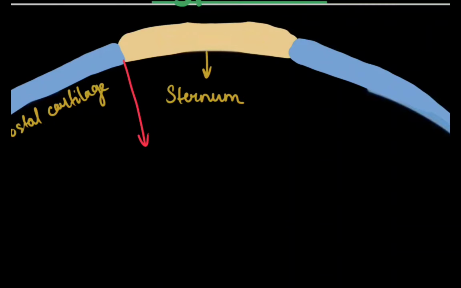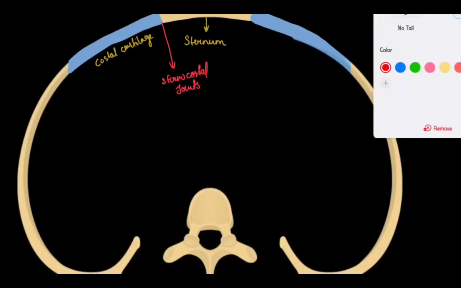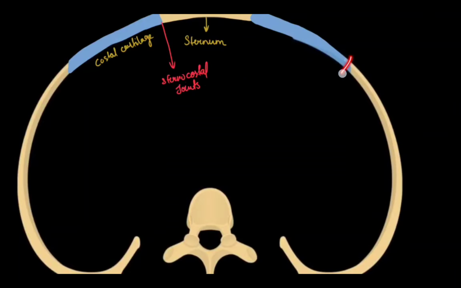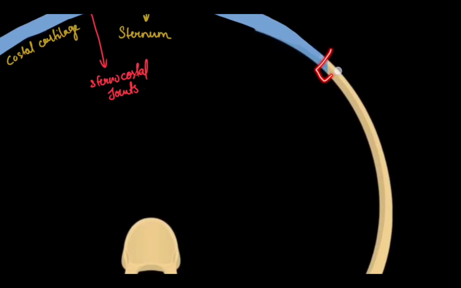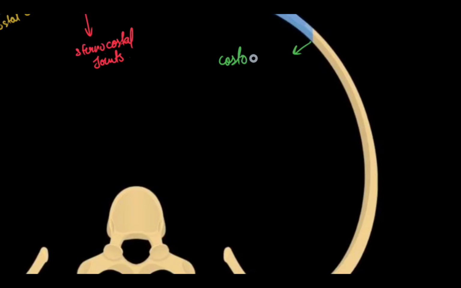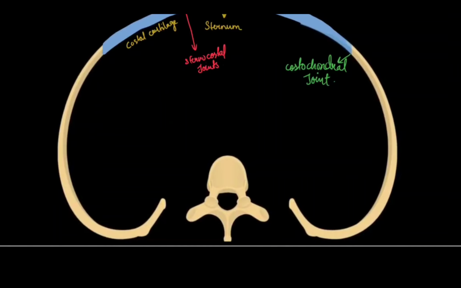So let us write it down, the sternocostal joints. Next up, we have the joint with the ribs and the cartilage. This joint of the ribs and the cartilage is known as the costochondral joint. So that was all for the joints with the sternum, costal cartilage and the ribs.